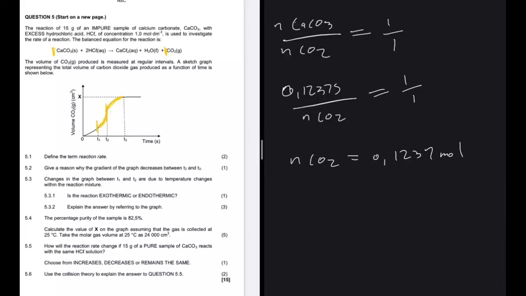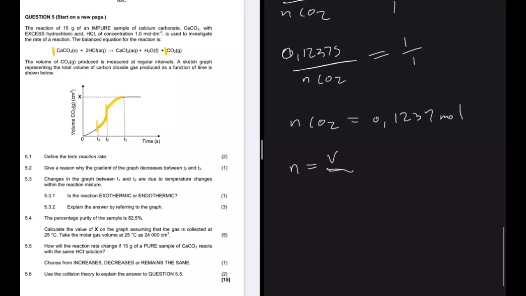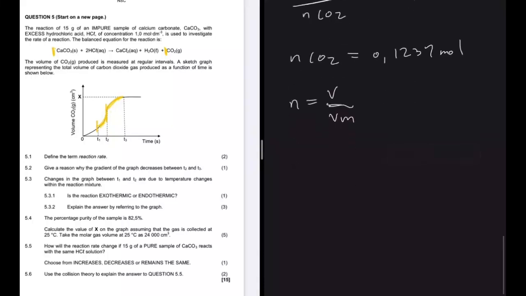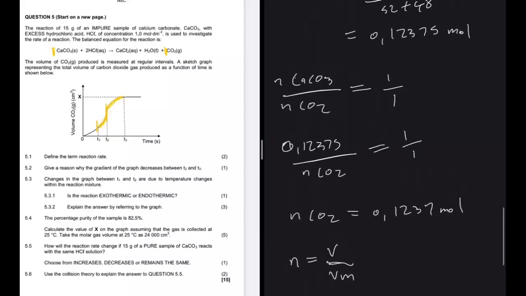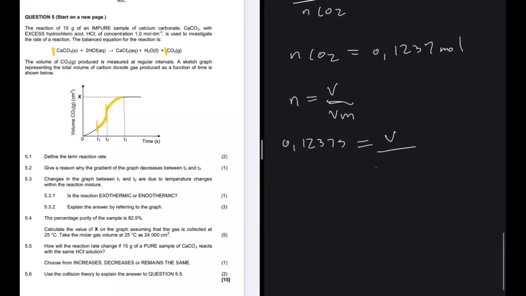So now we have determined the number of moles of CO2. We can then find the volume of CO2. But how do we find the volume? We know that you can determine the number of moles by dividing the volume by the molar gas volume, right? So we have n equals V divided by Vm. We know the number of moles, that's 0.12375, equals the volume divided by the molar gas volume, which is 24,000.